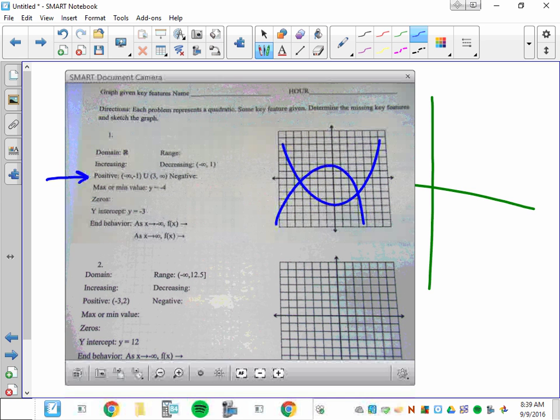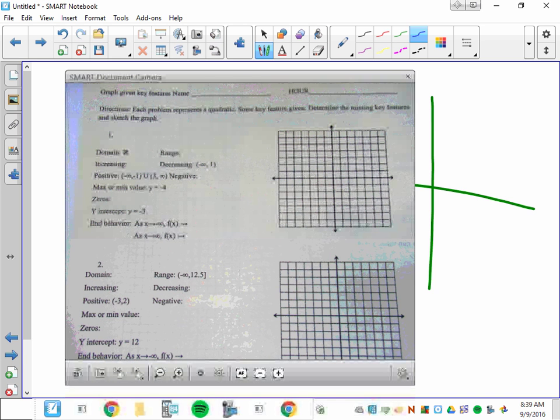All right, what else do we know? So does this have a maximum or does it have a minimum? How do you know it's a minimum? We know it opens up. So it opens up, which means it has a minimum, and we know that the minimum is at y equals negative 4.